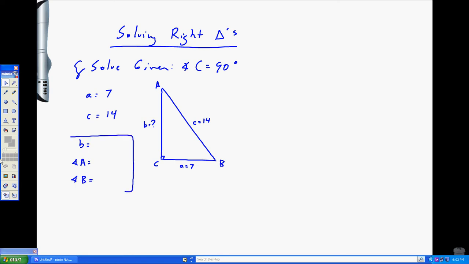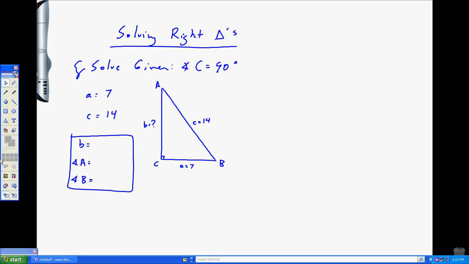Okay? Let's make sure our calculators are in degree mode because you're going to need to know how to use them. Here's my hint. You start with one of two things.